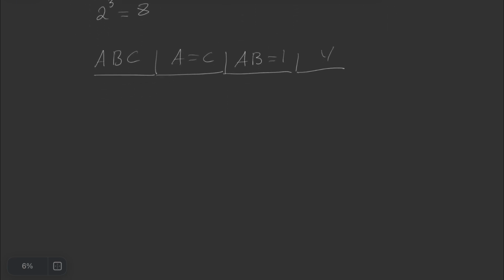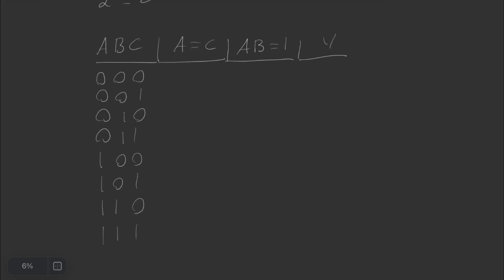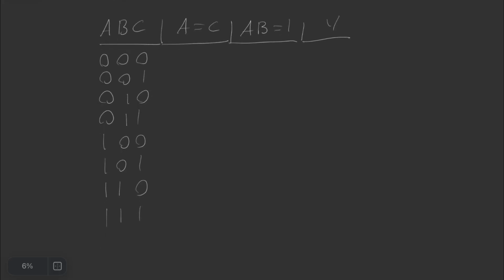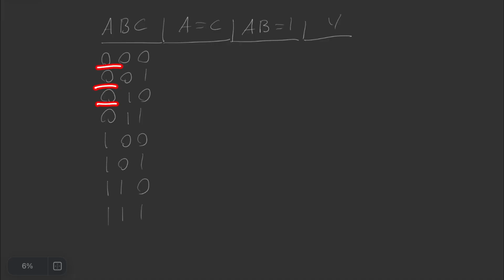So we are going to have 0, 1, 2, 3, 4, 5, 6, and 7. You can also do it as 0, 0, 0, 0, 1, 1, 1, 1, 0, 0, 1, 1, 0, 0, 1, 1, 0, 1, 0, 1, 0, 1, 0, 1.